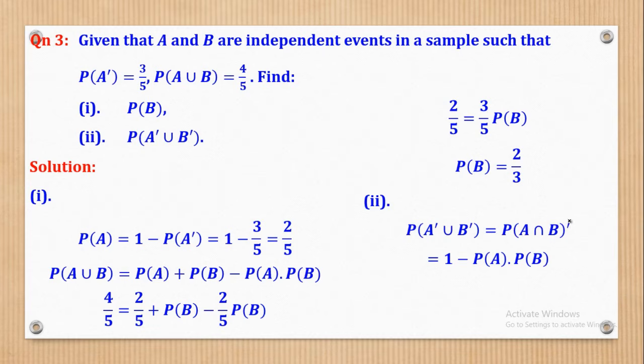And why have I put 1 minus? It is because of this complement. This complement means that all of this is equal to 1 minus probability of A intersection B. Now I know probability of A and probability of B, so when I substitute, I'll come up with the required probability as 11/15.